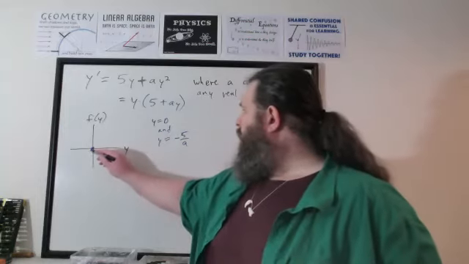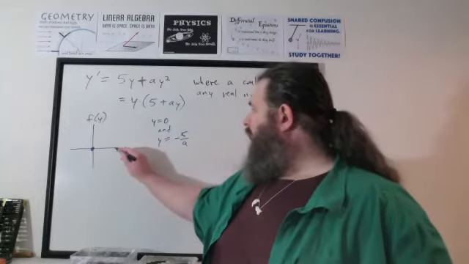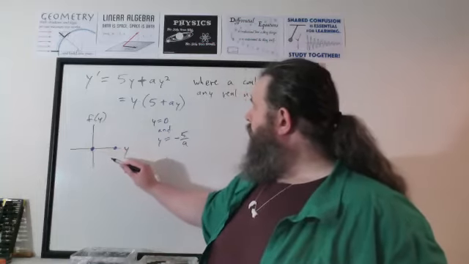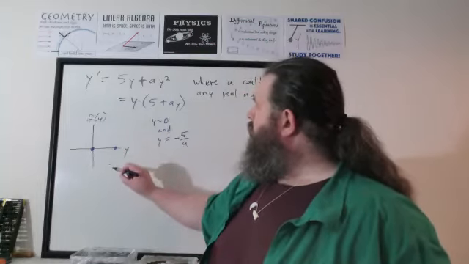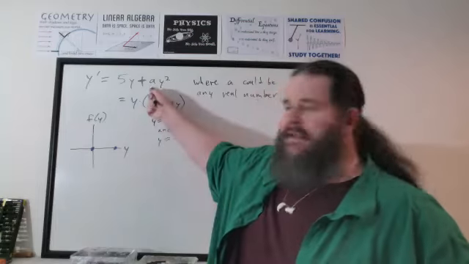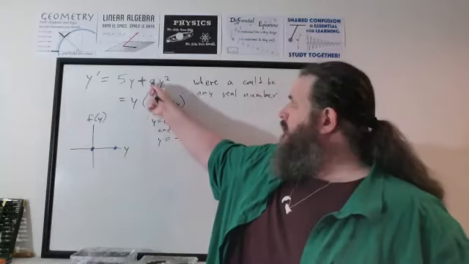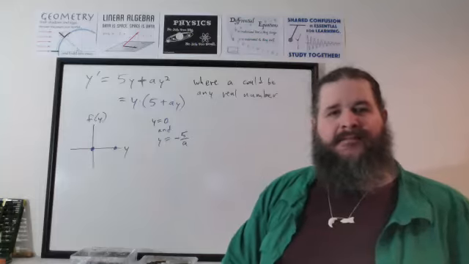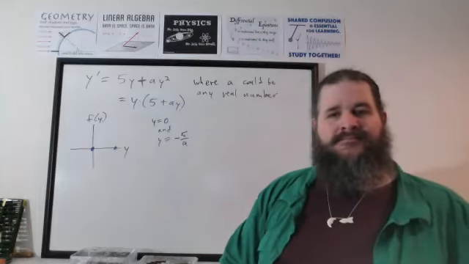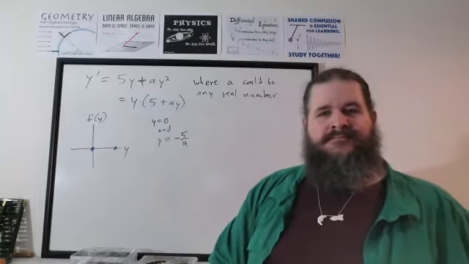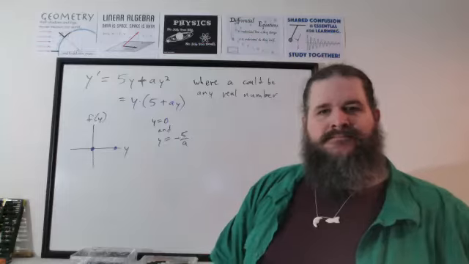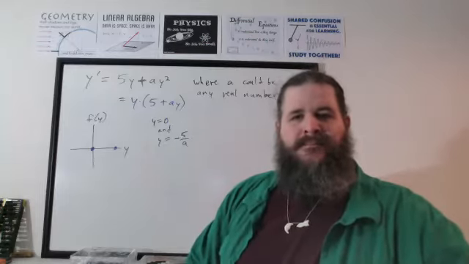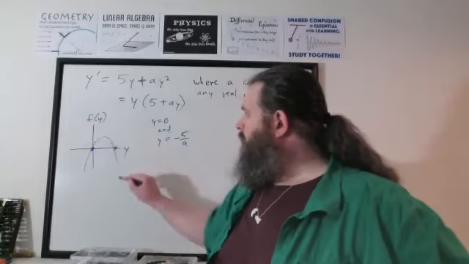So you might have negative 5 over a being positive, and you get a graph like, actually that would require a to be a negative value, right? If a is negative, what would that tell you about the parabola? Yeah, it would be downwards opening.